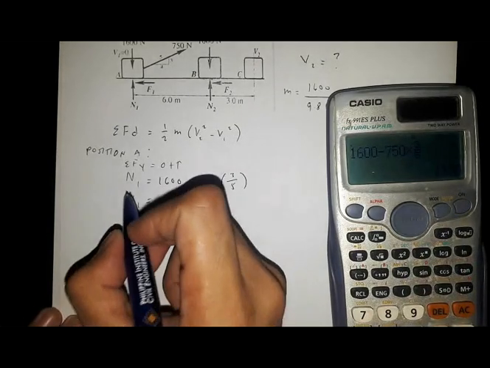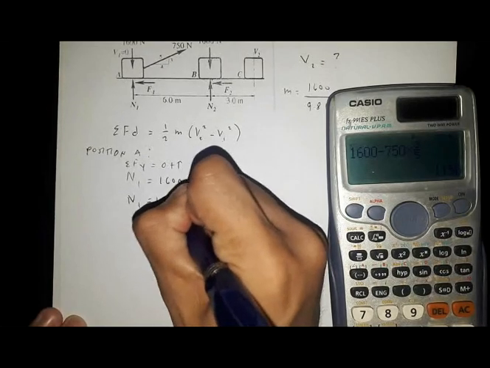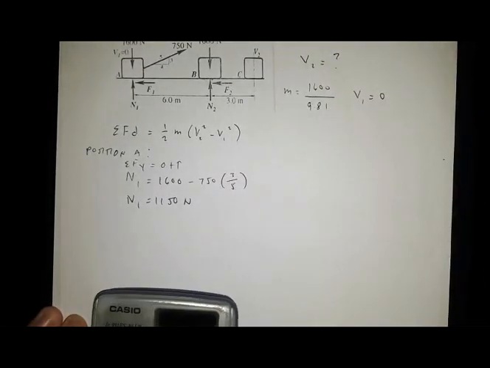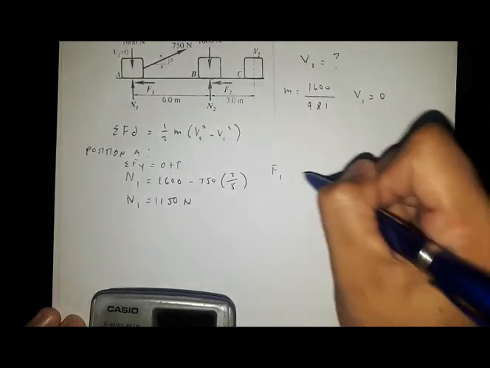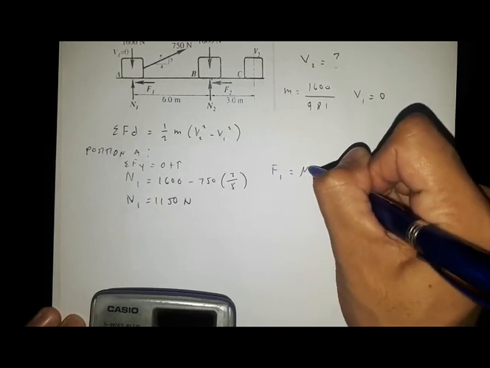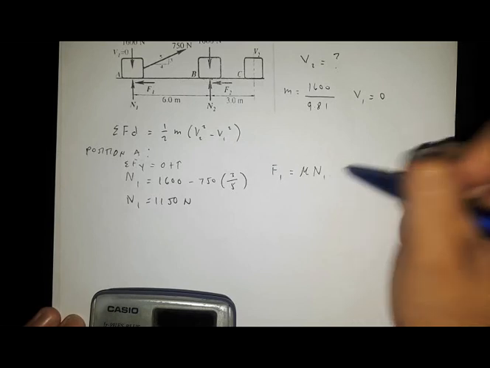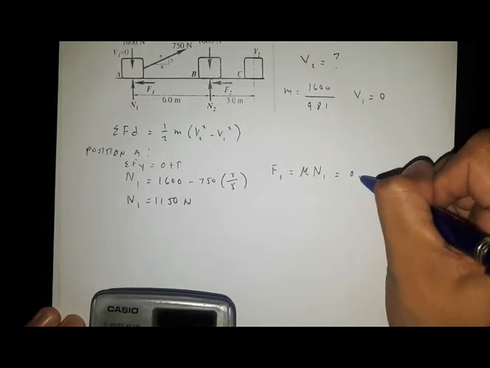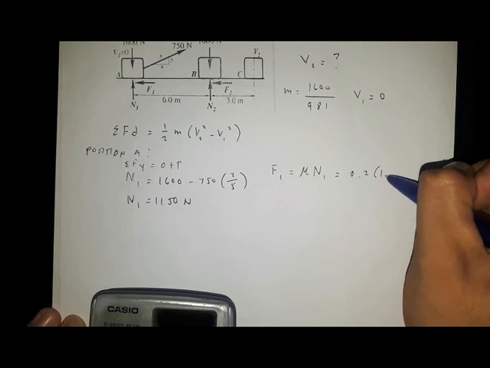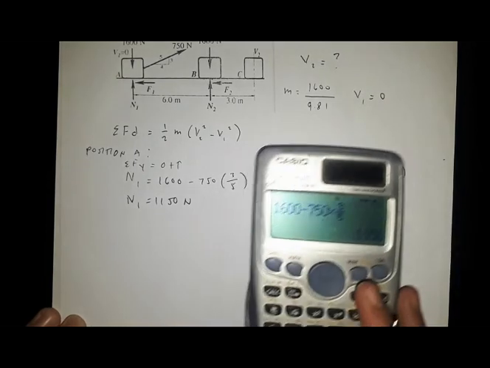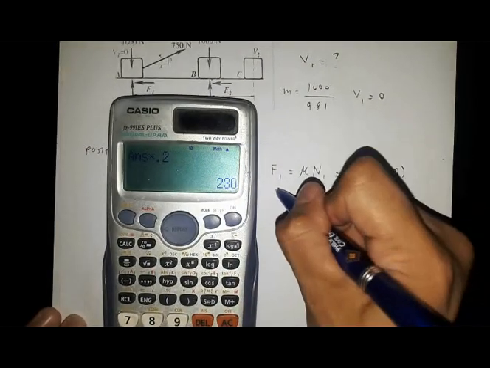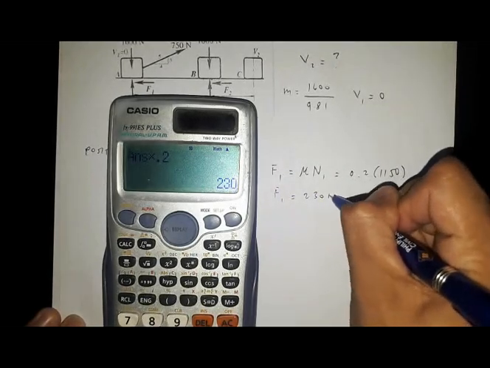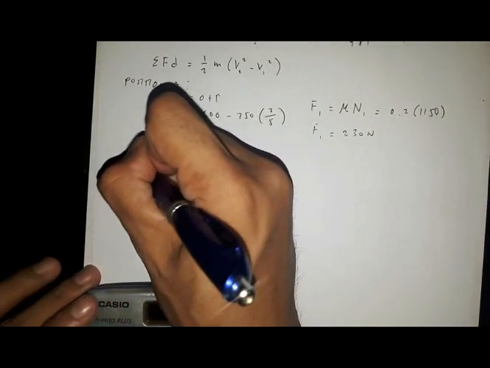So we have 1,150 newtons, while your frictional force F1 is equal to the coefficient of friction times the normal force. So we have here 0.2 times 1,150. So your F1 is 230 newtons.